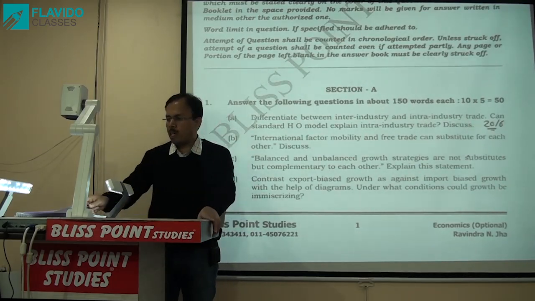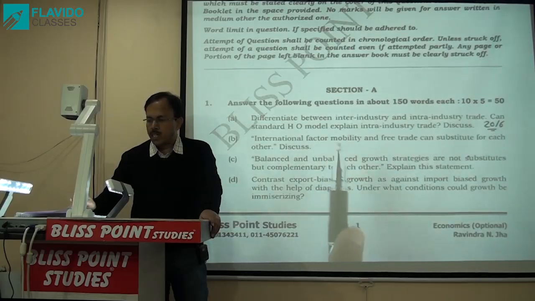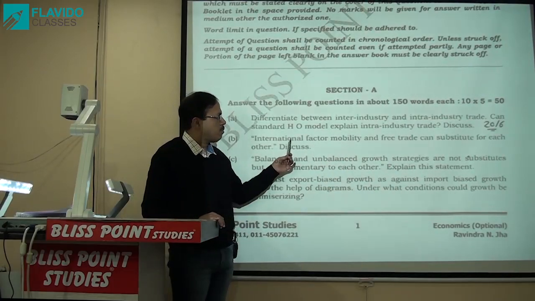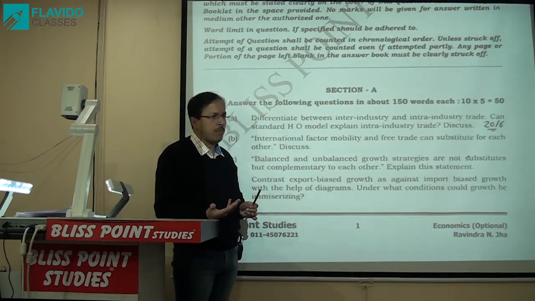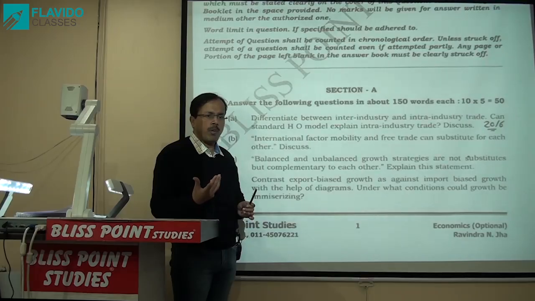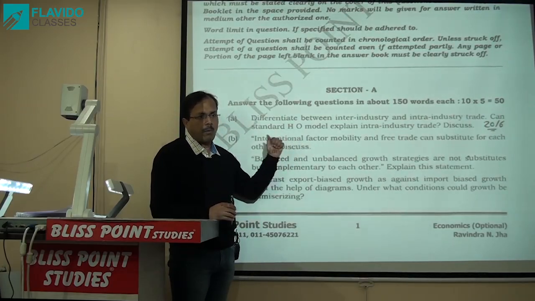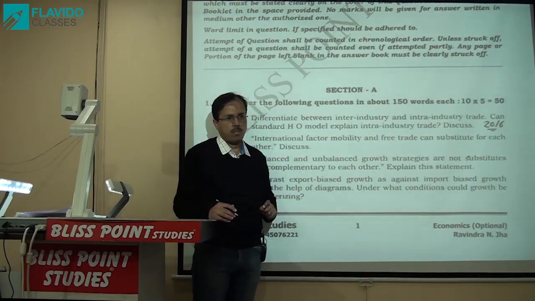International factor mobility and free trade can substitute for each other. That means you will achieve the same outcome if you allow factor mobility or if you allow mobility of goods.